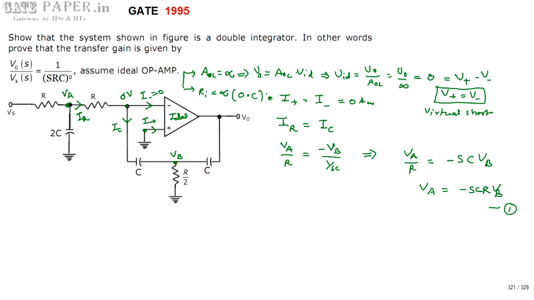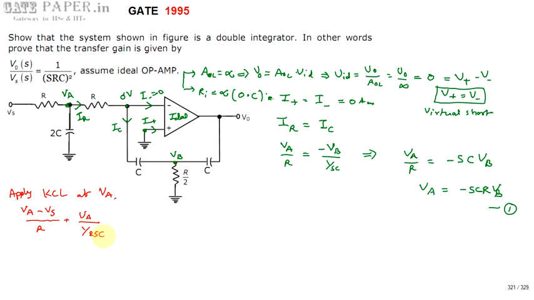For that, the second step is to apply KCL. Apply KCL at VA: VA minus VS divided by R, plus VA divided by 1 by SC, actually, but it is given as 2C, so you can write it as S times 2C.